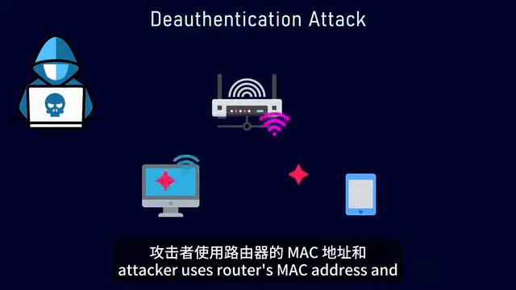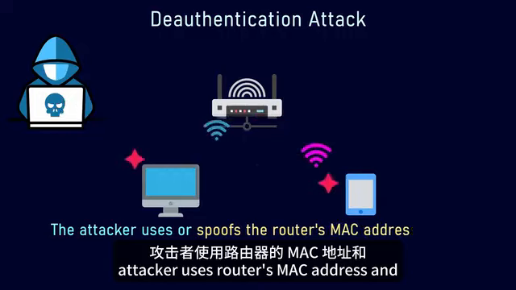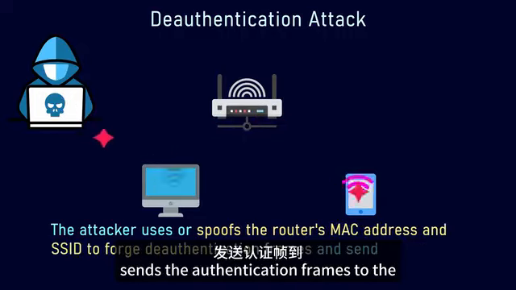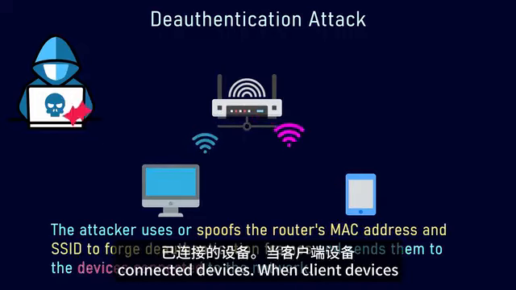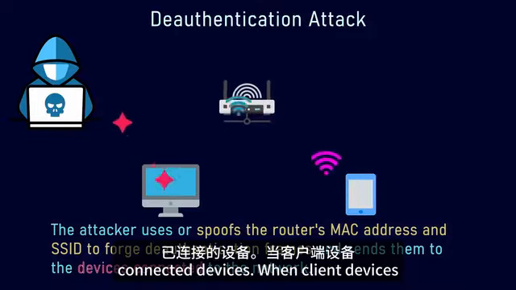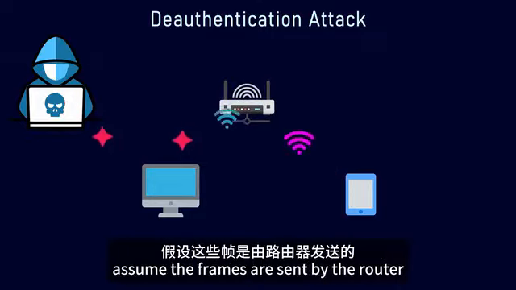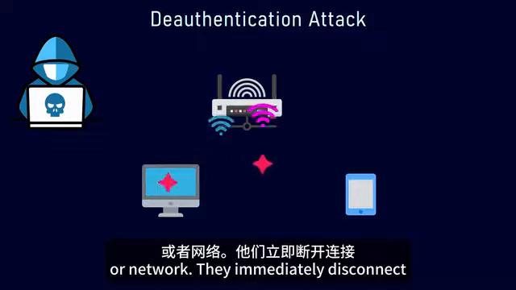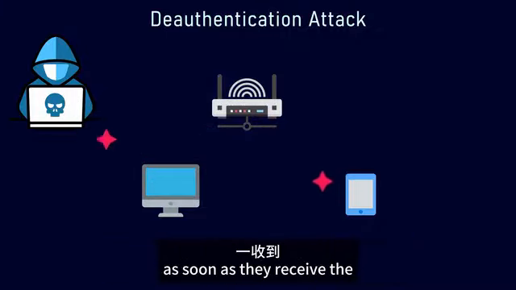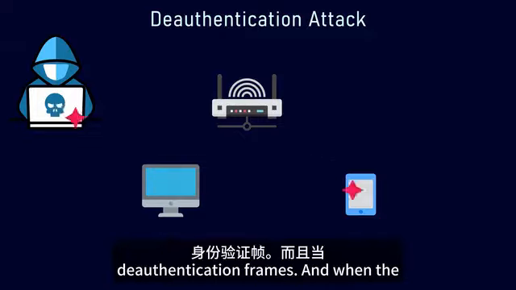The attacker uses router's MAC address and sends deauthentication frames to the connected devices. When client devices receive deauthentication frames, they assume the frames are sent by the router or network. They immediately disconnect as soon as they receive the deauthentication frames.